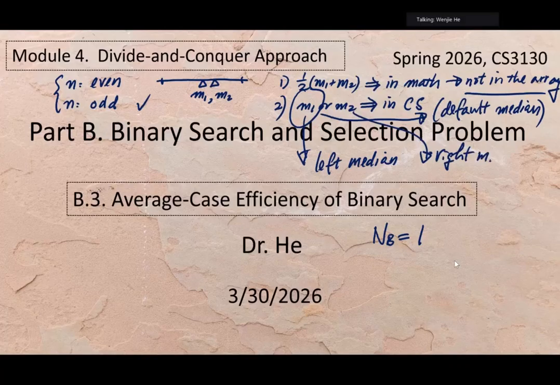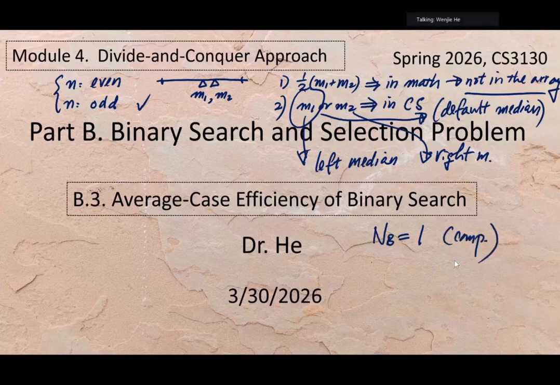The left median is the default median. If we do not specify left or right, then we always use the left median as our default median. So that's the understanding of this concept. Now, the best case is one comparison.